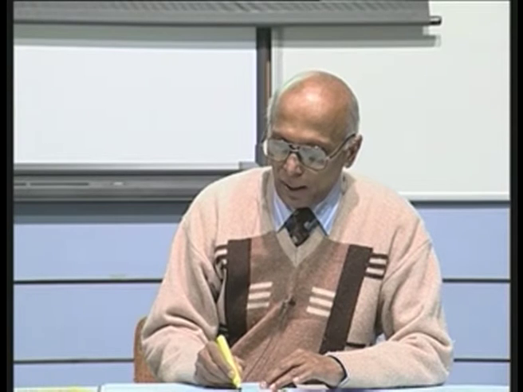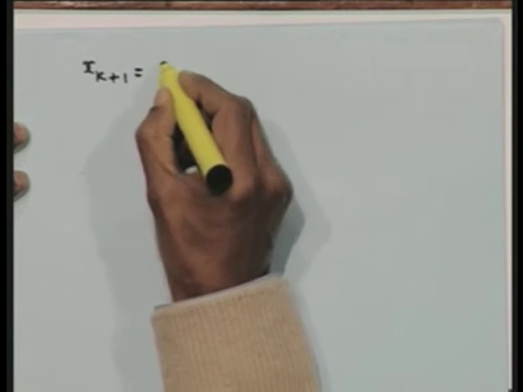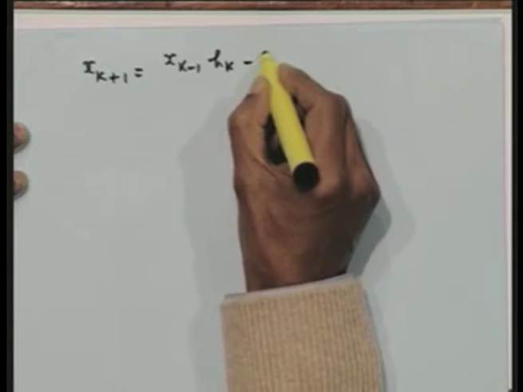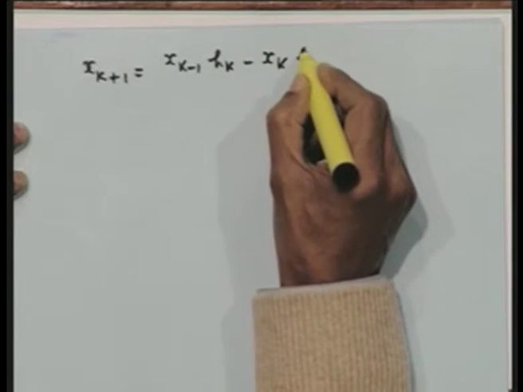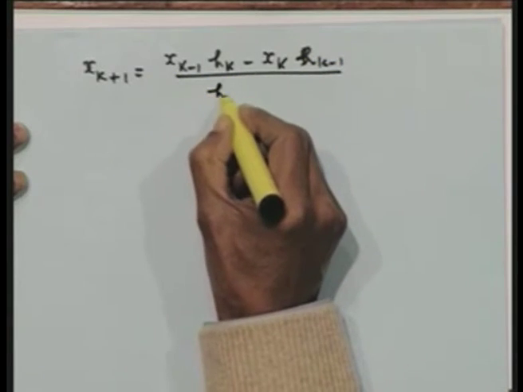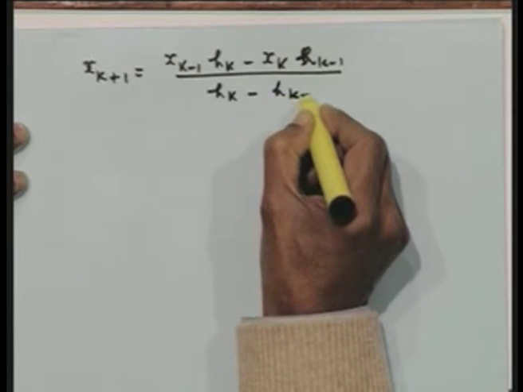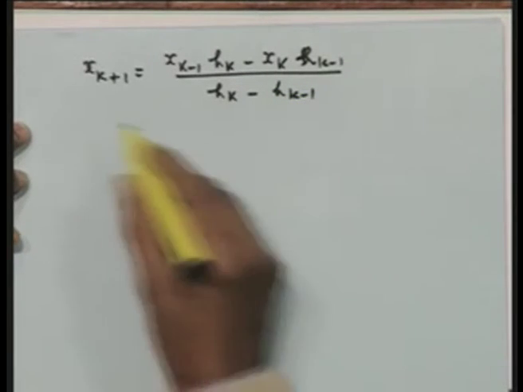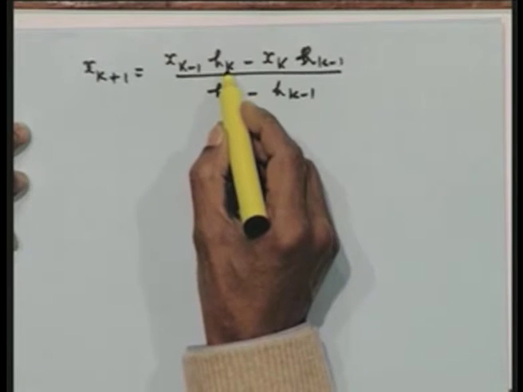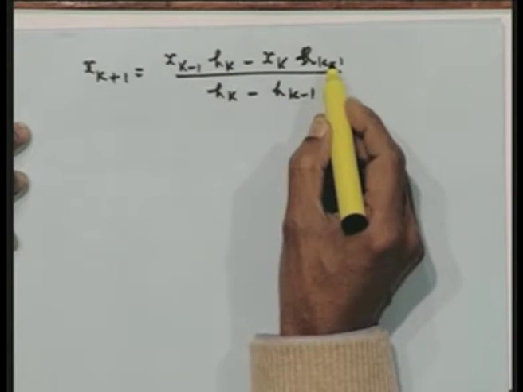Now, I need to write this for the evaluation of the simple root for h x equal to 0. So, I would now use the method as x k plus 1 is equal to x k minus 1 h evaluated at k minus x k h evaluated at k minus 1 divided by h k minus h k minus 1. Now, we have written everything in terms of the function h x. So, let us substitute the values of h k and h k minus 1.